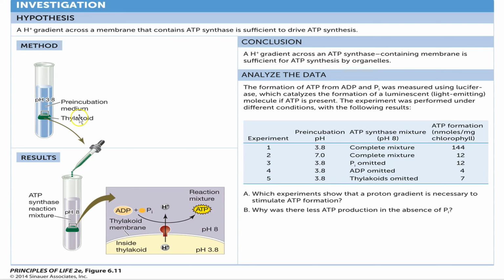It's the thylakoid here. It has ATP synthase, right? Reaction, ATP formation. Look how much ATP was made in the acidic solution. Good. I would pause it here, answer these questions, study this experiment, talk about it in class.